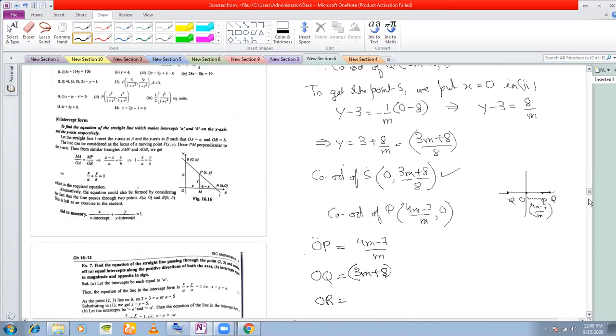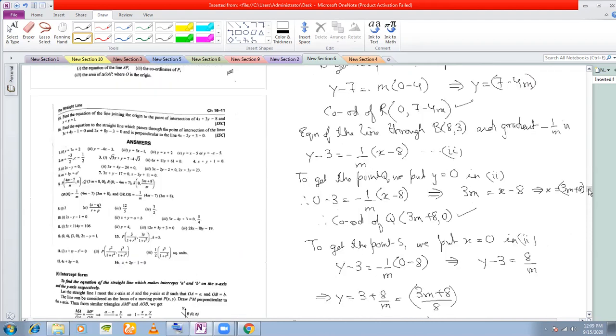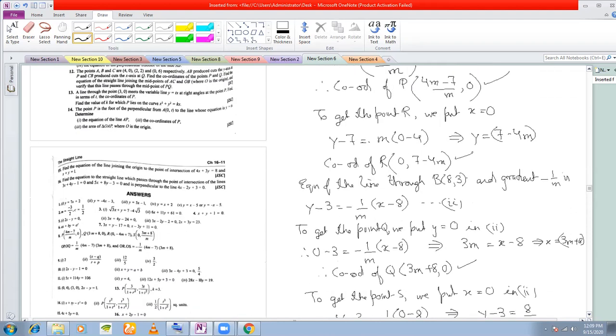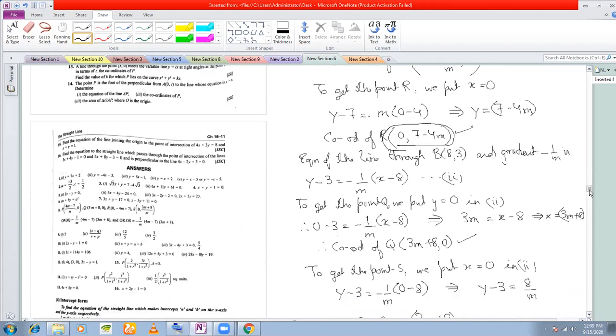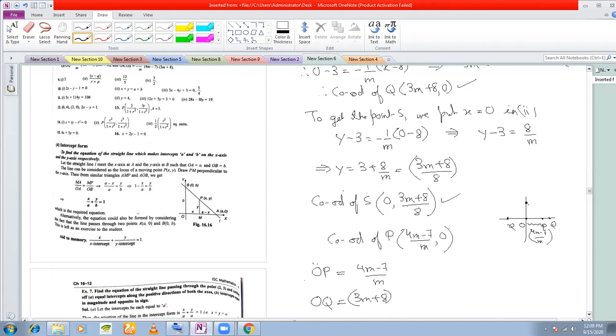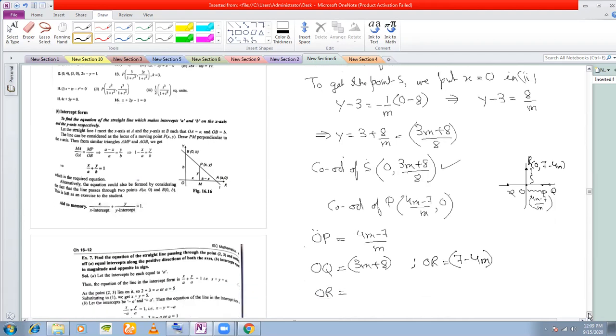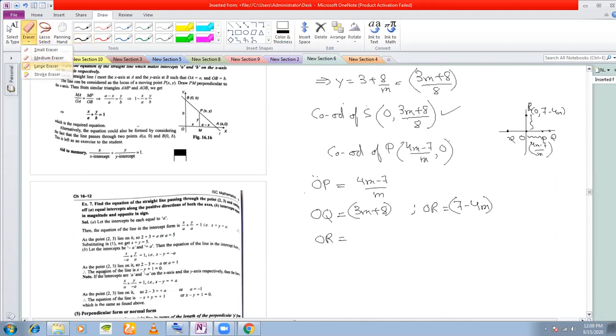The coordinates of R are (0, 7 minus 4m). So R is actually a point on the y-axis. So what should this distance OR be? OR will be simply 7 minus 4m. And finally, you have OS. What are the coordinates of S?